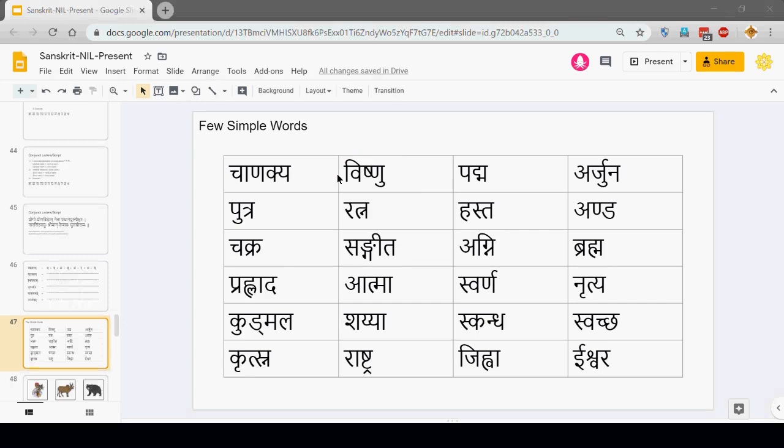Vishnu. Vishnu. Okay. So again, the first one is V, and the second one, Sha, complete Sha is written like this, and it has a vertical line. So the vertical line is lost. So what we have is just the first part of Sha, and then the Na. Vishnu.